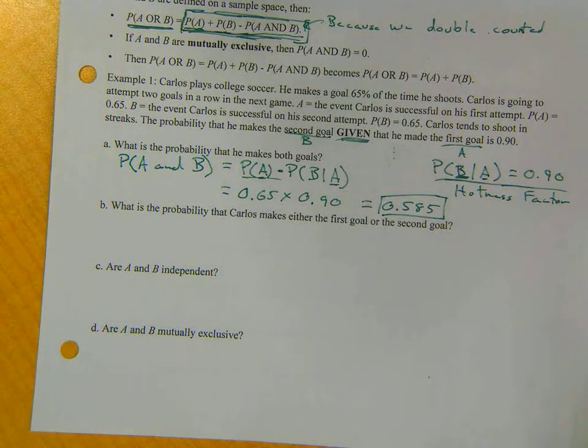What the given statement says is the probability that he makes a second goal given that he made a first. So since I have this statement, I have to figure out what I'm multiplying by.